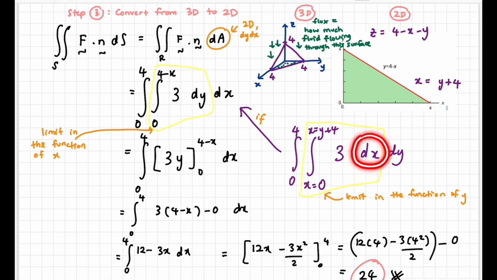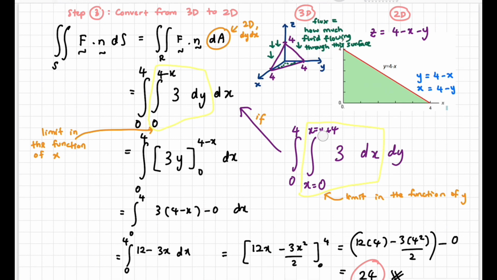If you want to do the integration with respect to x first, and then with respect to y, your limit must be in the function of y. So x equal to 0, and then you have to correct this: y is equal to 4 minus x, so x is equal to 4 minus y.